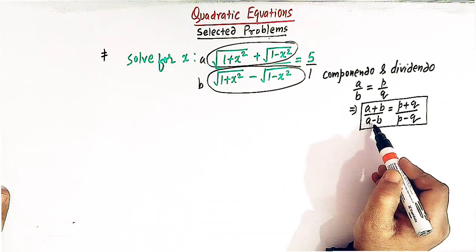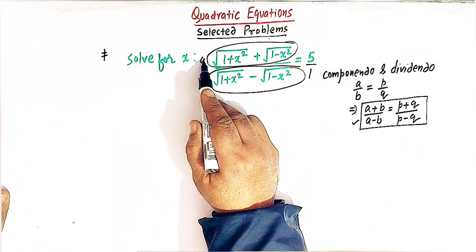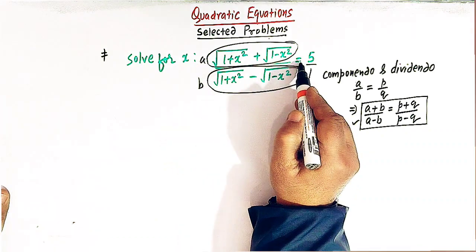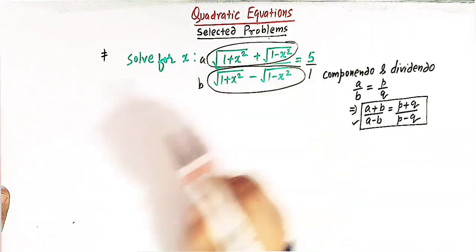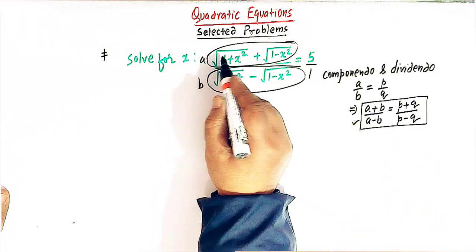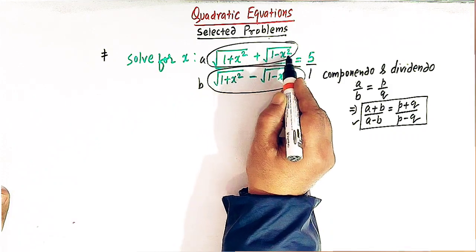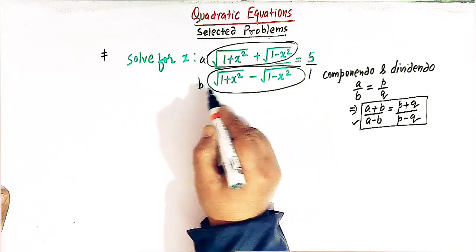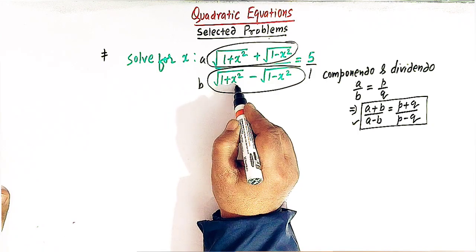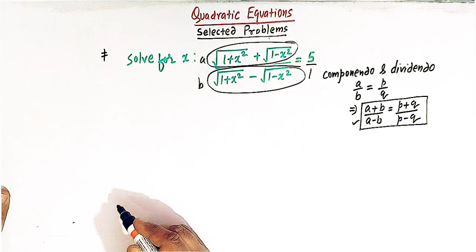Let us apply this rule to this equation. So A over B is equal to P over Q, where A is √(1+x²) + √(1−x²), and B is √(1+x²) − √(1−x²), right?